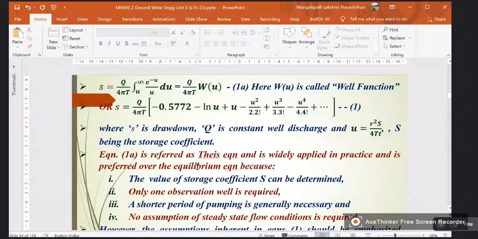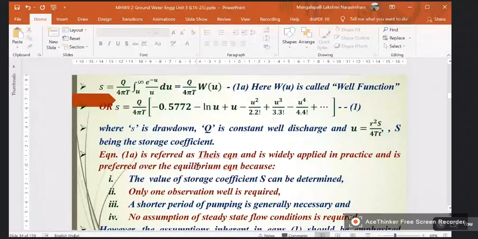Then a shorter period of pumping is generally necessary, because if you want to apply the steady state equation, you have to continue the pumping continuously for a long time until you arrive at a stage where the cone of depression is maintained unaltered from time to time.